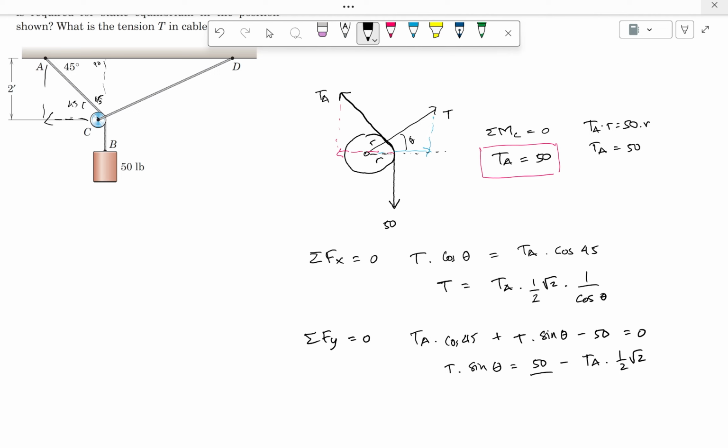And then if I divide by sine theta, this will be gone.